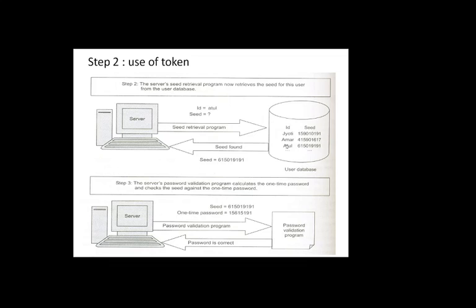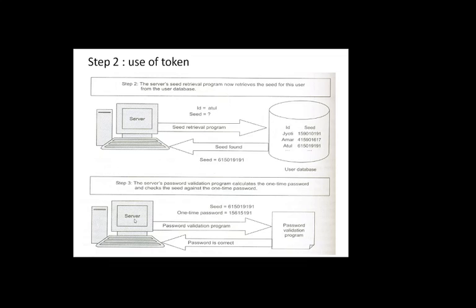It finds the seed value for Atul as 615091. After the seed retrieval program is over, it sends the seed value from the user database to the server. Since the server has already received the user ID, it has also got the seed value.